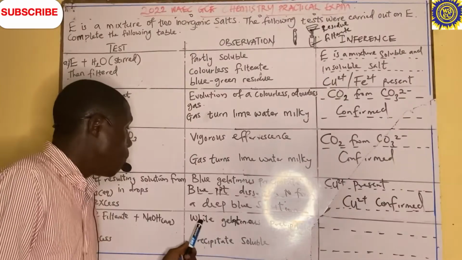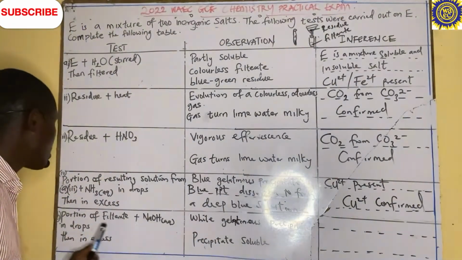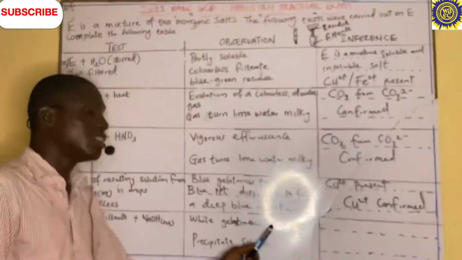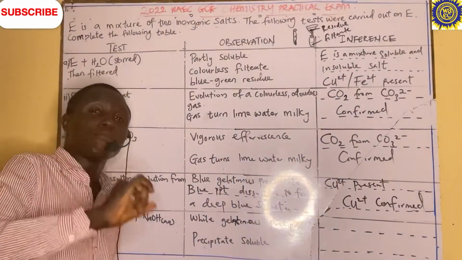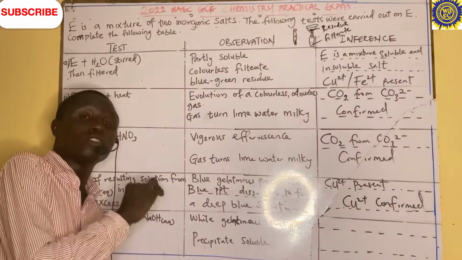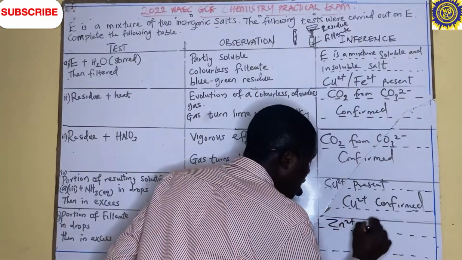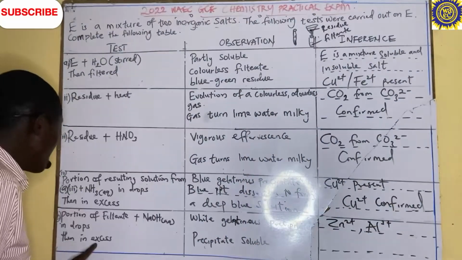But when I'm talking about portion of filtrate plus sodium hydroxide in drops, white gelatinous precipitate, the only cations capable of forming white gelatinous precipitate with sodium hydroxide are zinc 2 plus and aluminium 3 plus. So please know that.